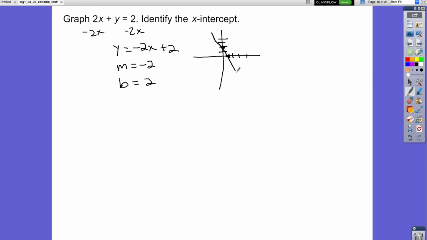There's my graph. And the question says, first to graph it, check, we did that. Now we have to identify the x-intercept. Okay, where does it cross the x-axis? At 1, good. So the x-intercept is going to be (1, 0), because that's where it crosses.